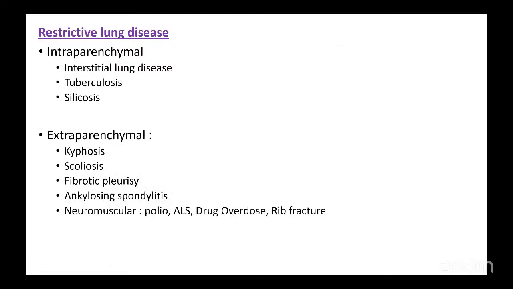Or it can be outside, where restriction to lung movement is happening, like some skeletal abnormality or muscle problem. So kyphosis, scoliosis, ankylosing spondylitis, or neuromuscular problems, where polio is there or because of a drug overdose like barbiturates. The person is not able to move the chest wall much, or rib fracture, where mechanics is affected in some way by external factors, that is extraparenchymal, or inside the lung some abnormalities, that is parenchymal. These are both examples of restrictive lung disease.